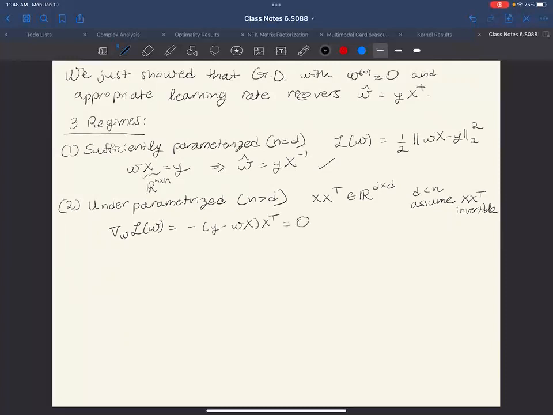We set this equal to 0 and now solve for w. So we have w x x transpose equals y x transpose. And now x x transpose we assume is invertible, so we get x x transpose inverse. And if you substitute in the singular value decomposition, you'll see that this is exactly y x dagger. So we're good in this case as well when n is bigger than d. You're underparameterized. All right.